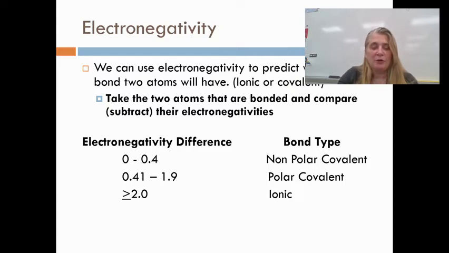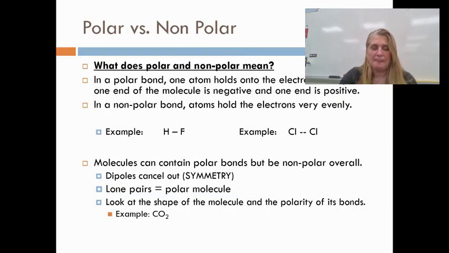So non-polar covalent bonds are equal sharing of electrons. Polar covalent bonds are unequal sharing of electrons, and ionic bonds are transfer of electrons. So what does that mean? When you have a polar bond, one atom pulls on the electrons with more energy, so therefore it becomes partially negative.